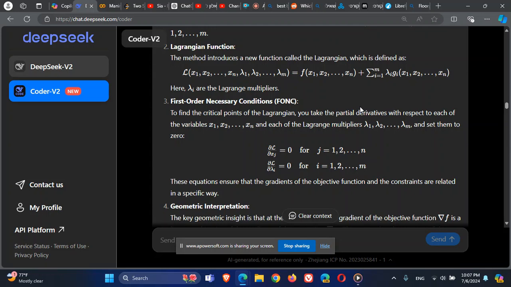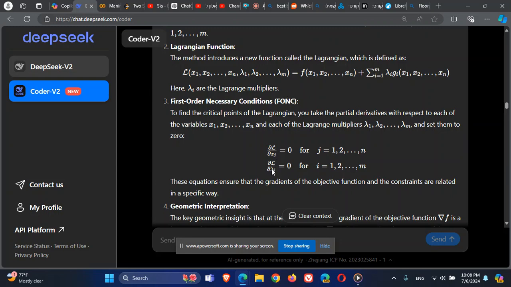Now we are going to take the derivative of the Lagrange multiplier for each of the variables of the function f, and for each of the multipliers, lambda 1 until lambda m.